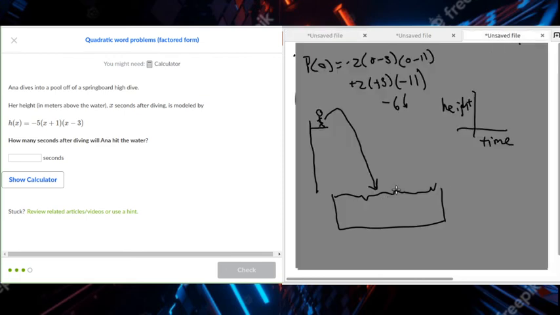So let's look at the equation here: negative 5, x plus 1, x minus 3. So I know that it's going to look like this, and I'm going to have one x-intercept here and one x-intercept here. So I know I want one of those. I need to figure out which one. But what I do know is that y is equal to 0.